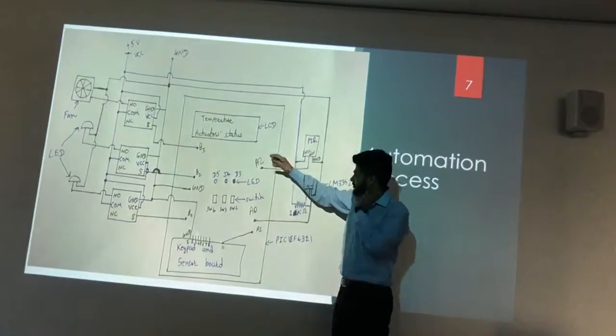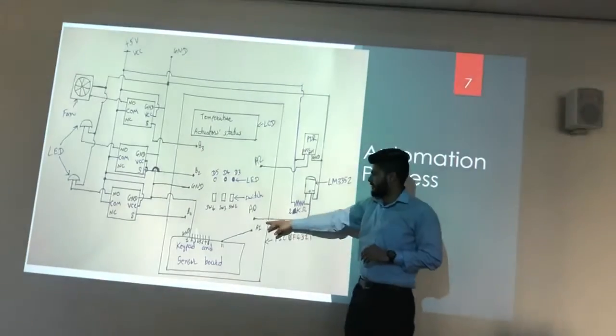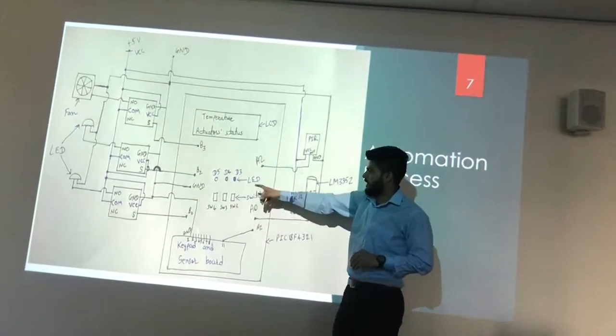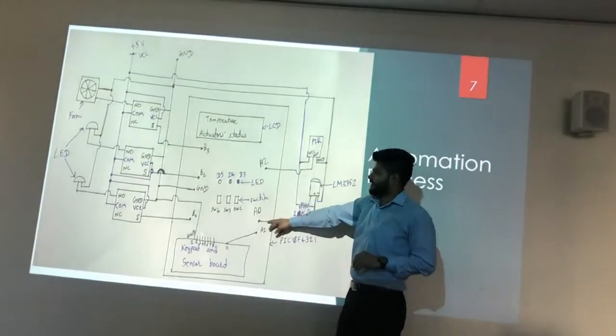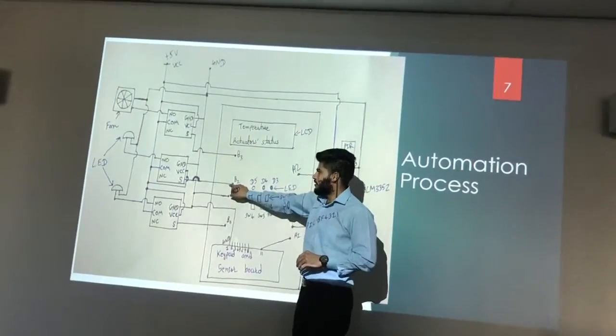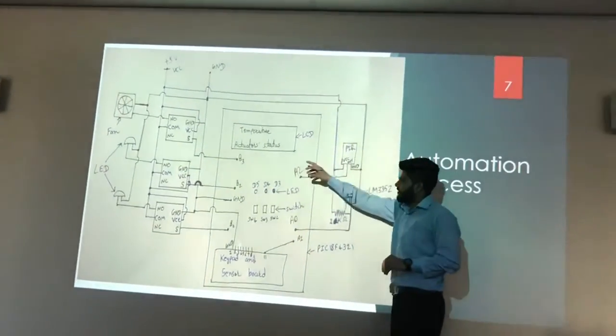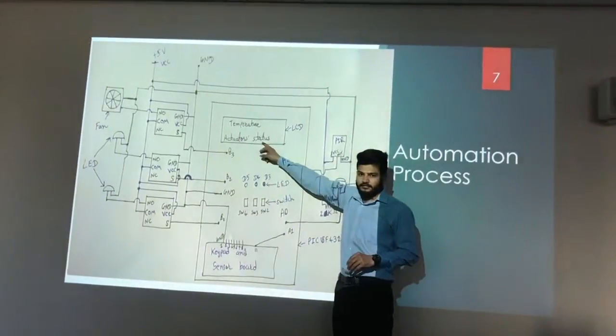If the temperature goes below 18 degrees, the LM335 gives output to A0, and if A0 gets any signal, it will start the heater, which is B2. B2 will give the signal and turn on the heater, and then the status will be shown here.